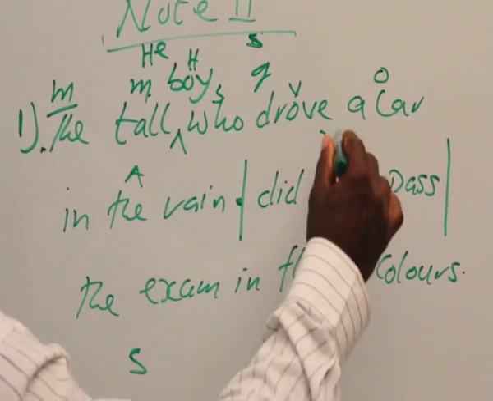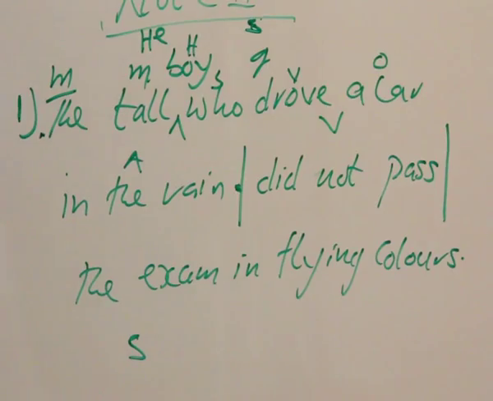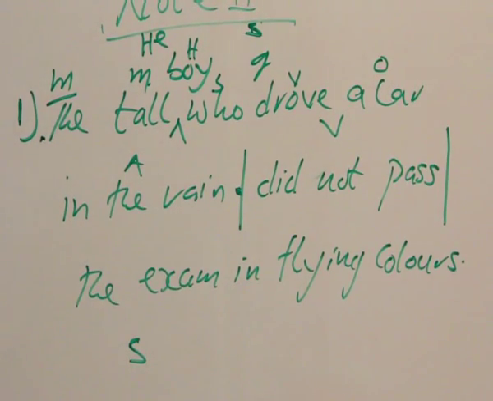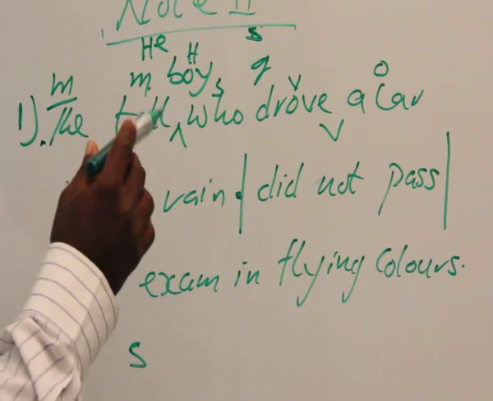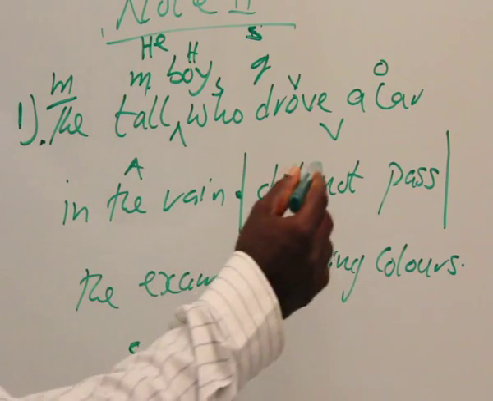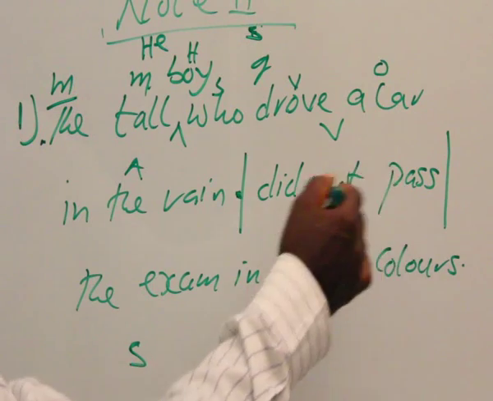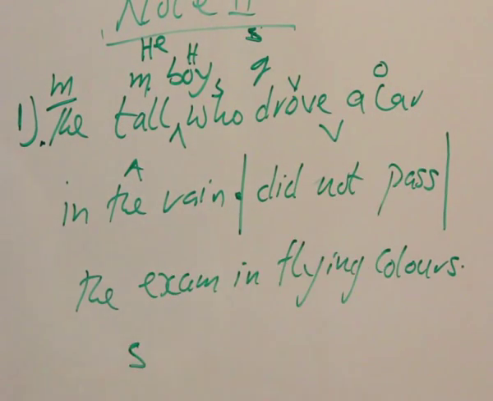That is our verb. This one is not just one verb, just as we had in the other case, such as the tall boy who drove a car in the rain. Maybe we can remove did not and say passed, past, for example.